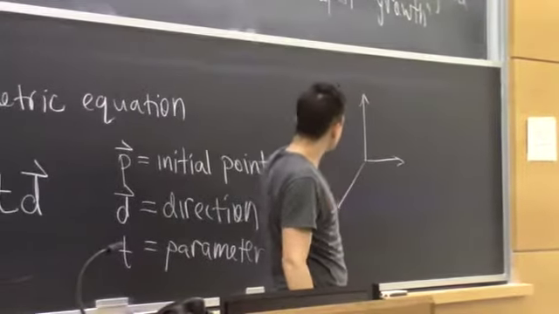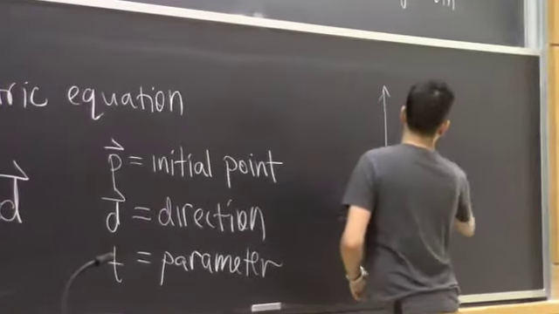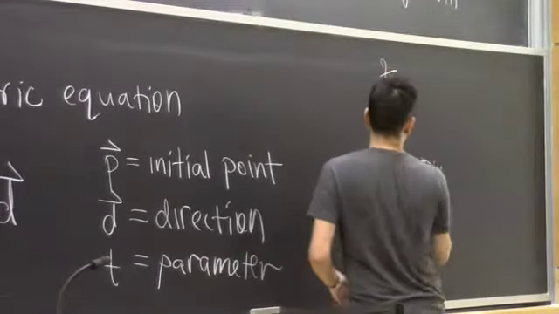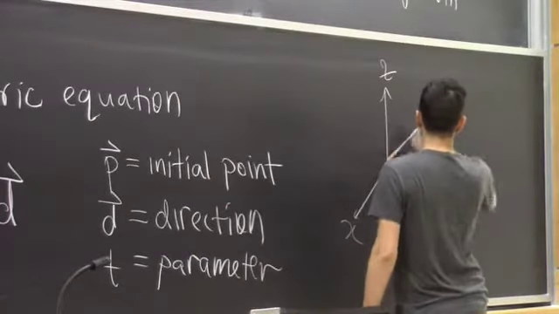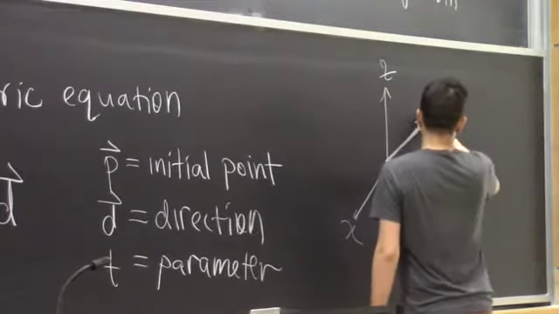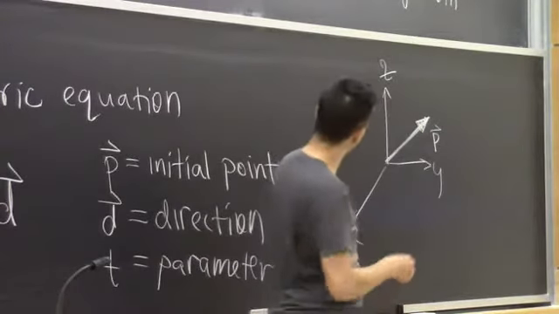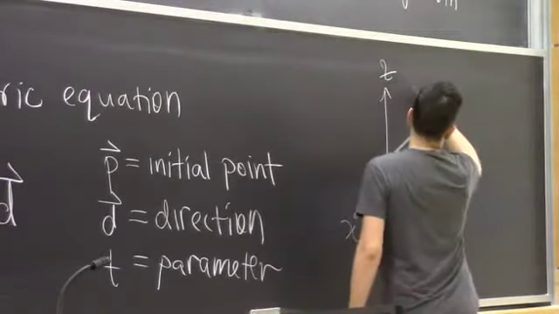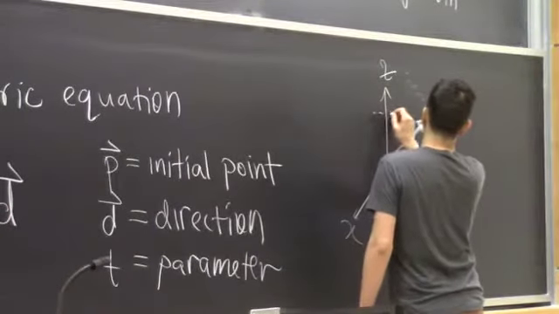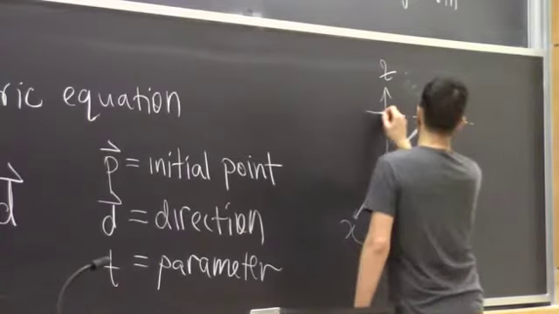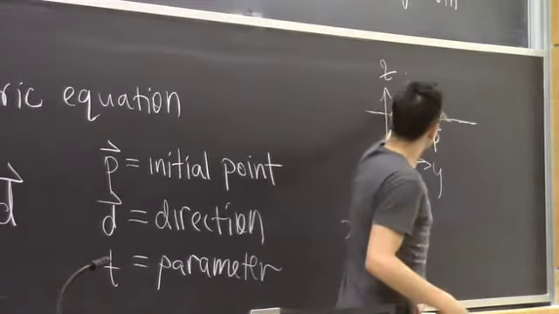Okay, so what does this look like? We label our axes with this guy always being the x-axis. So the parametric equation of a line tells us that we go to some initial point P, and then we want to define this line here.